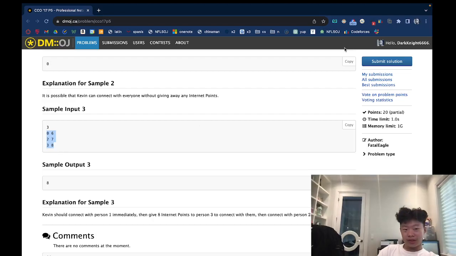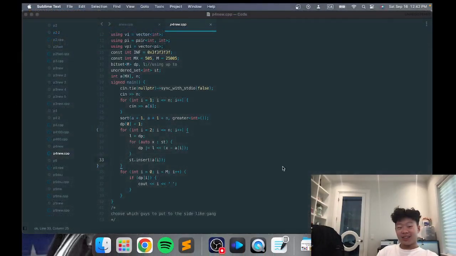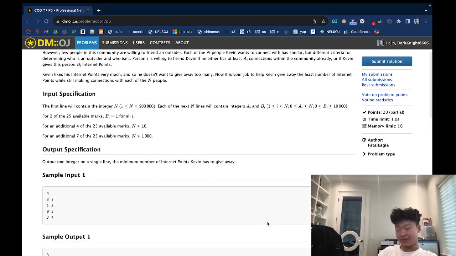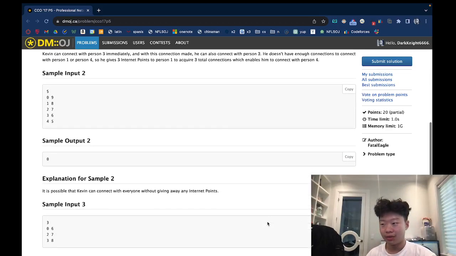Fuck, dude. Okay, let's approach it from the other method, because I don't really understand this method of greedy. So let's approach it from the other method, which is thinking about who will I have to buy.